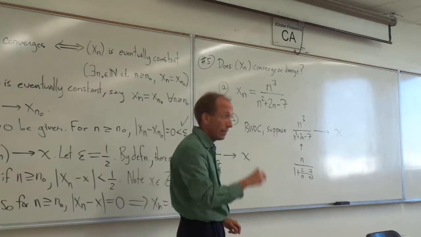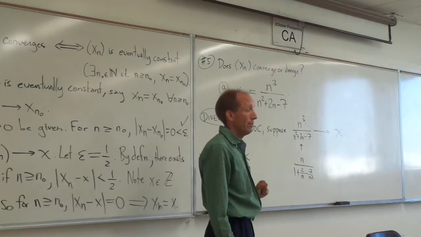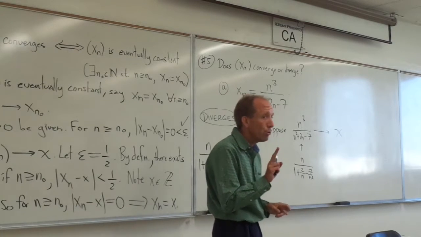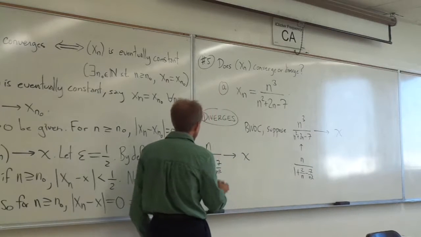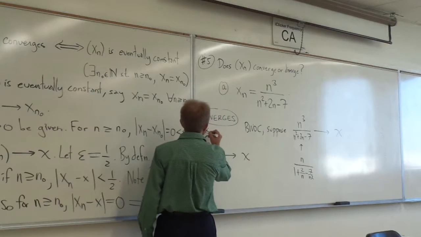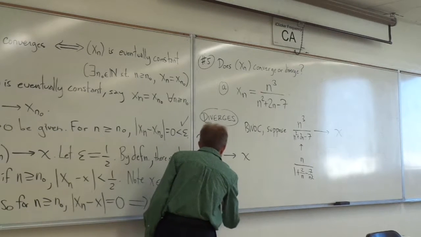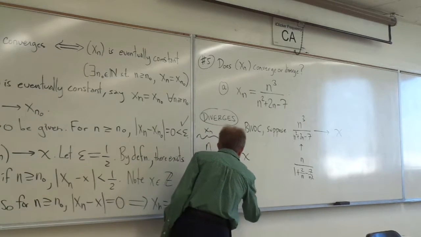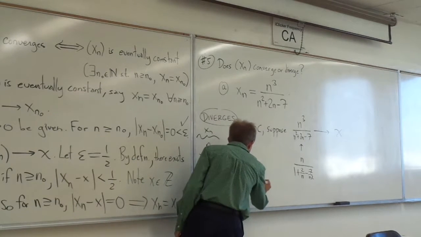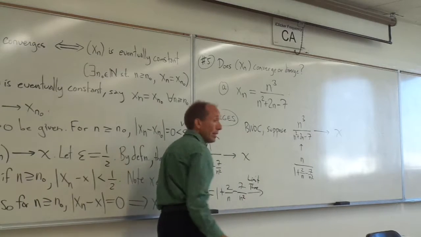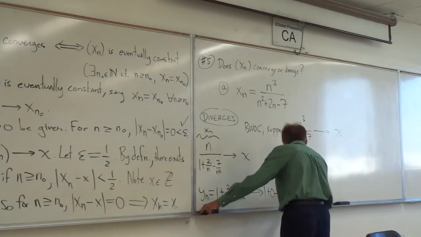Okay, but here's the thing. The denominator converges, and the whole fraction converges. That sounds like two things that do converge, right? So in other words, I could call this xn, that sequence. I could make another sequence which would be yn, which is 1 plus 2 over n minus 7 over n squared, and I could say by the limit theorems that converges to 1 plus 0 minus 0, which is 1.